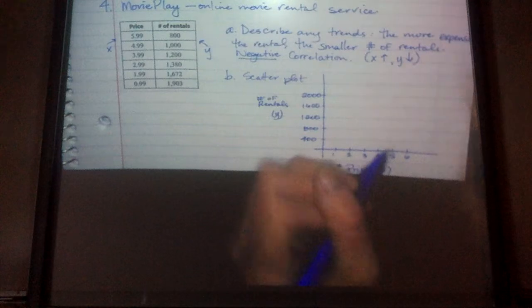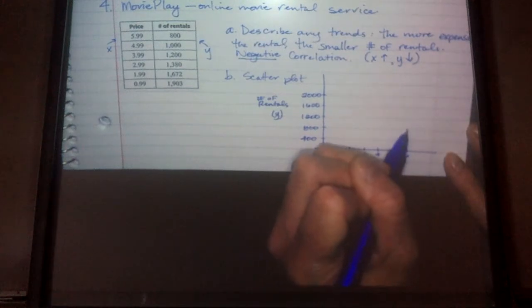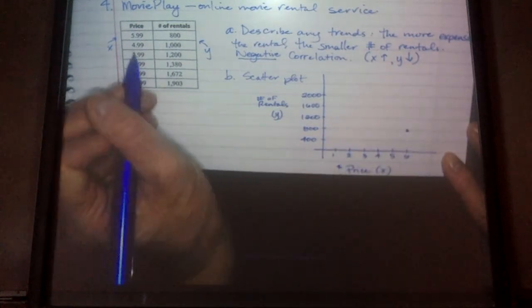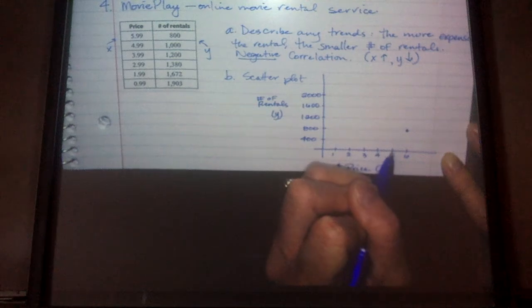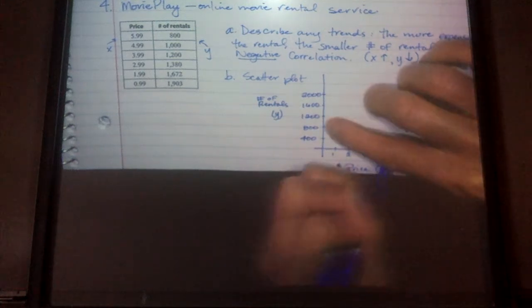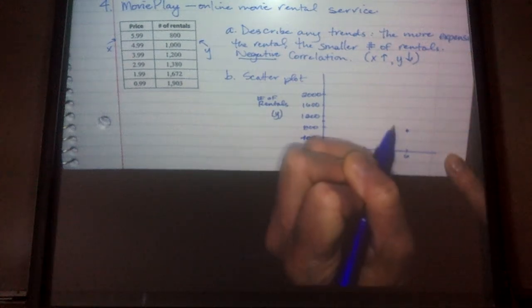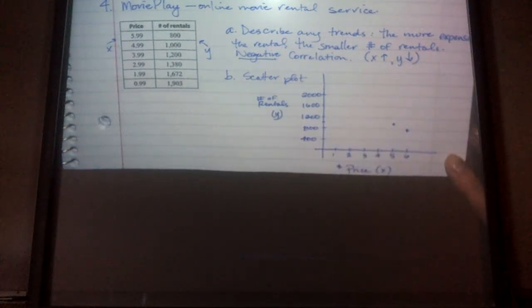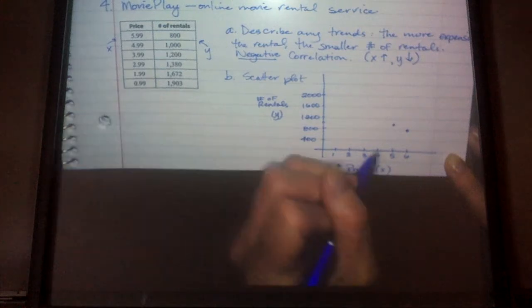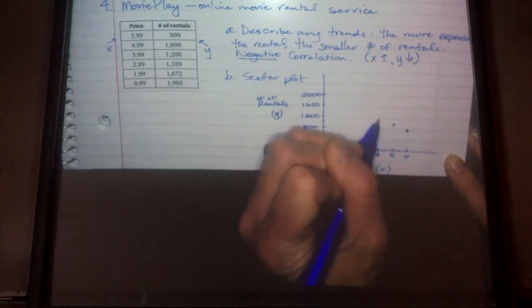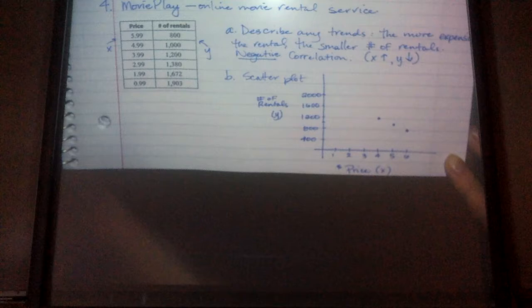When it was almost $6, 800 people rented it. $4.99 is basically 5. When 5, halfway between 800 and 1200 would be 1,000. So about 5, there were about 1,000 people that rented it. $3.99 is basically 4, and when it was $4, 1,200 people.